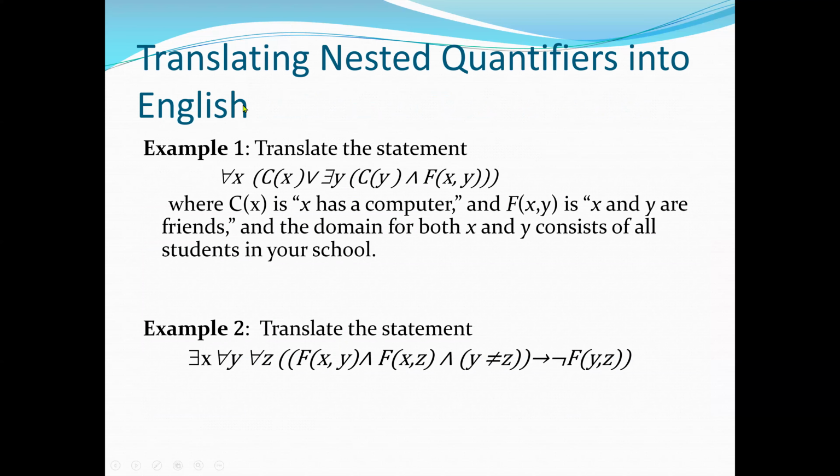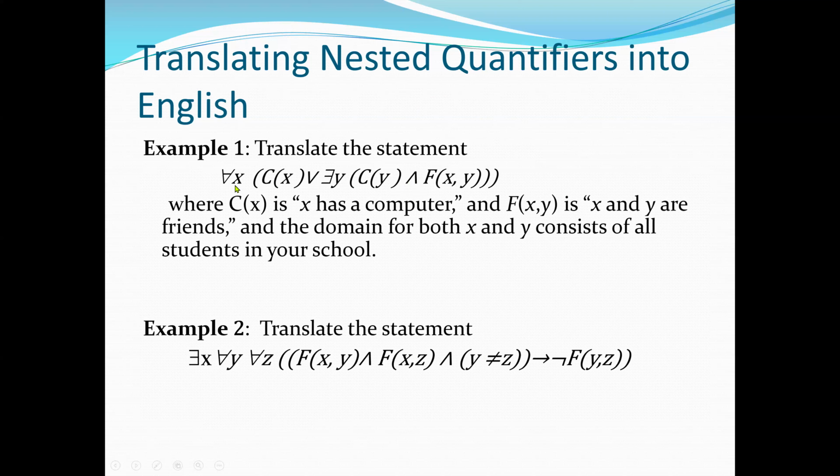Now the next section, translating the nested quantifiers into English. So for example, we're going to translate the statement for all x, C(x) or, we remember this is our, again, propositional logic we did. We have the conjunction and disjunction. So this is our disjunction, or. And this is conjunction, and.